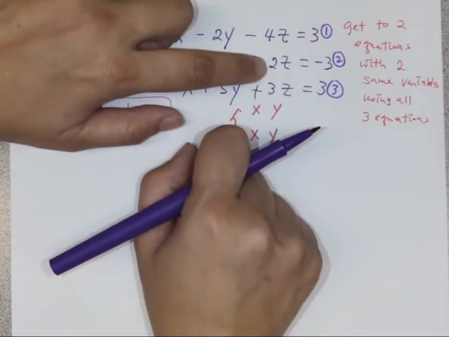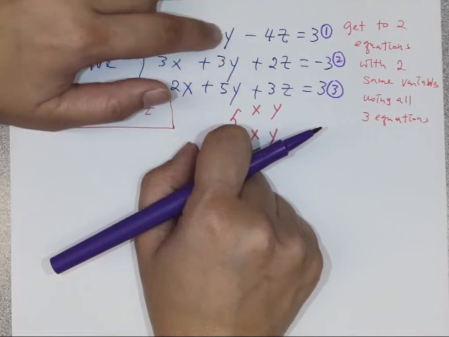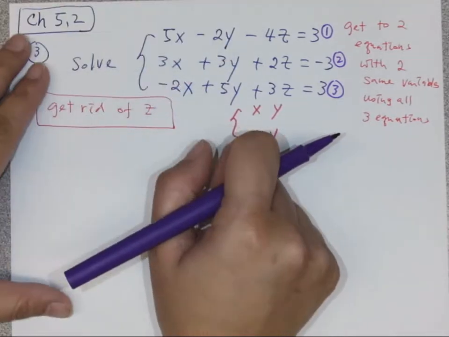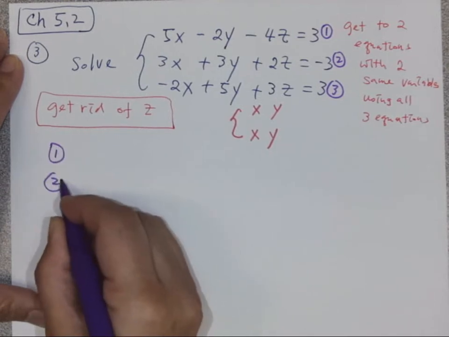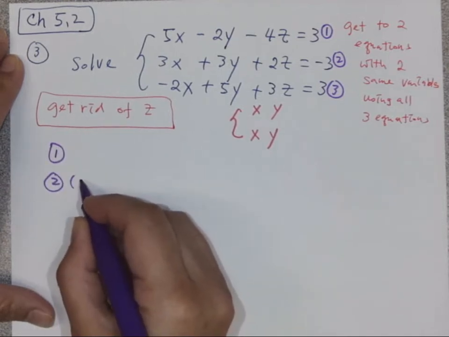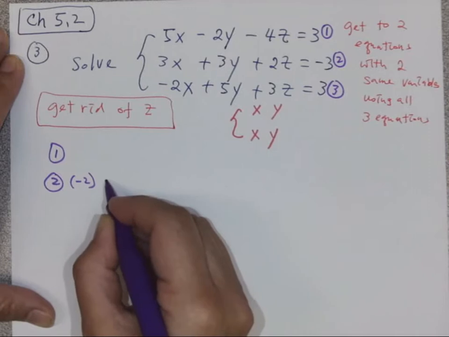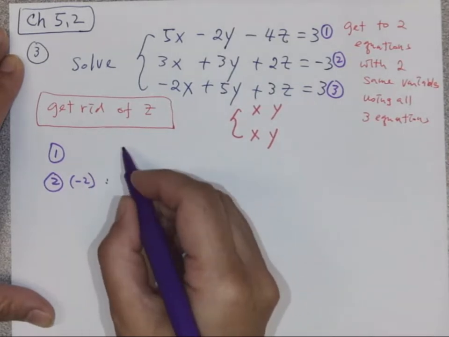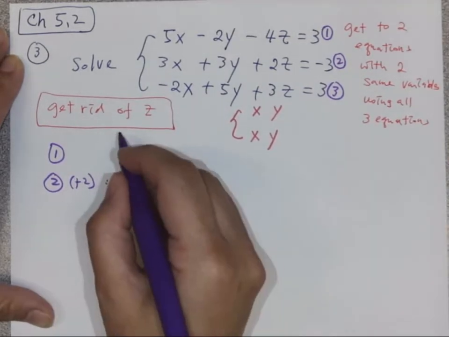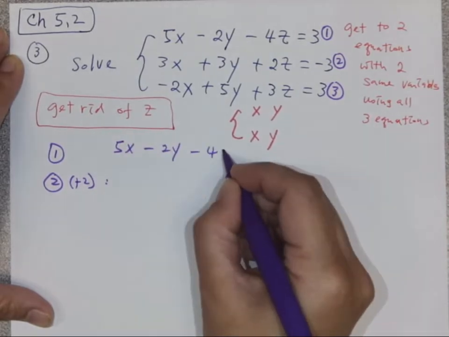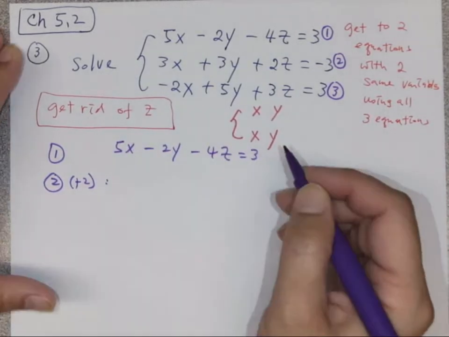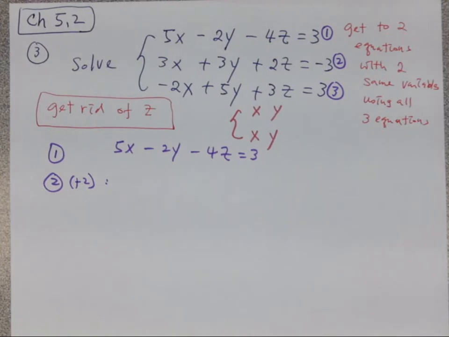If they multiply by 2, one is positive 4, one is negative 4, correct? So I'm going to write down equation 1, but equation 2 needs to be multiplied by negative 2. Can you go ahead and do that for me? Positive 2, sorry, you're right. So this is going to be 5x minus 2y minus 4z equal to 3. But go ahead and write down the next one for me.